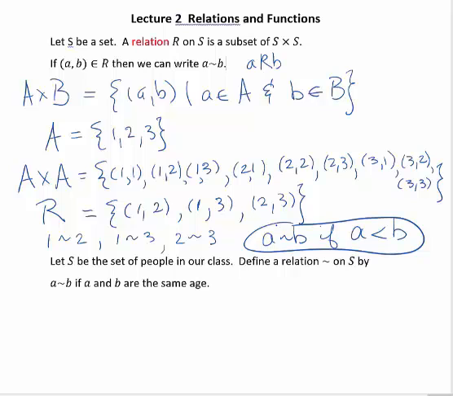For example, we don't need sets of numbers. If S is the set of people in our class, define a relation on S by, well, A is related to B, one person is related to another, if A and B are the same age.